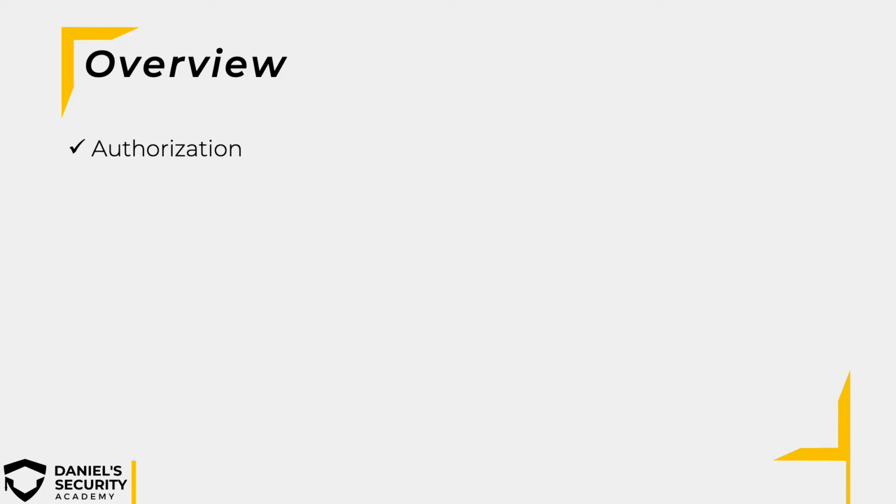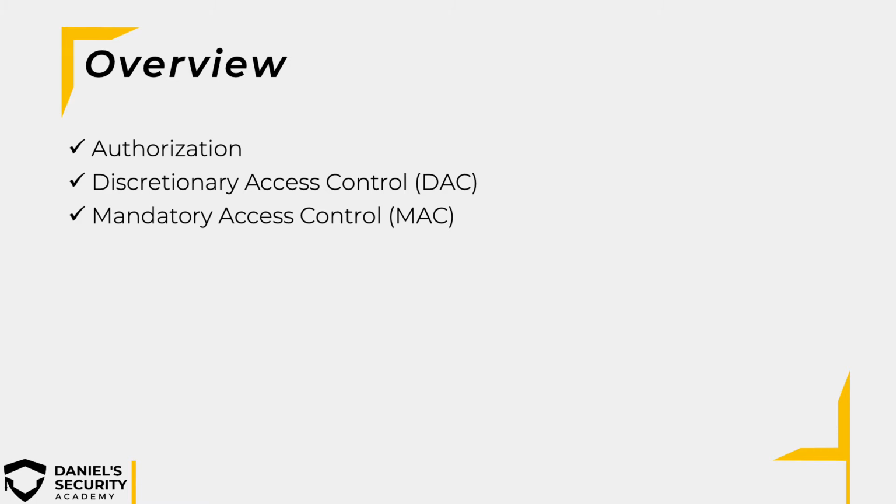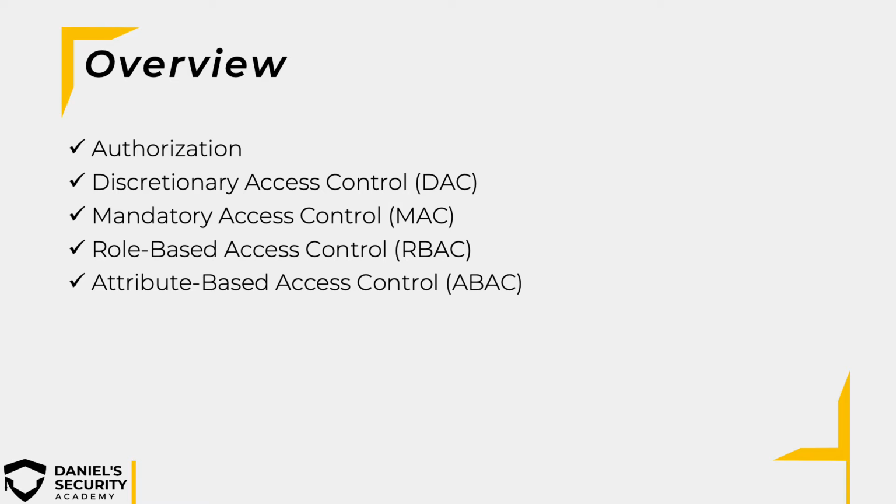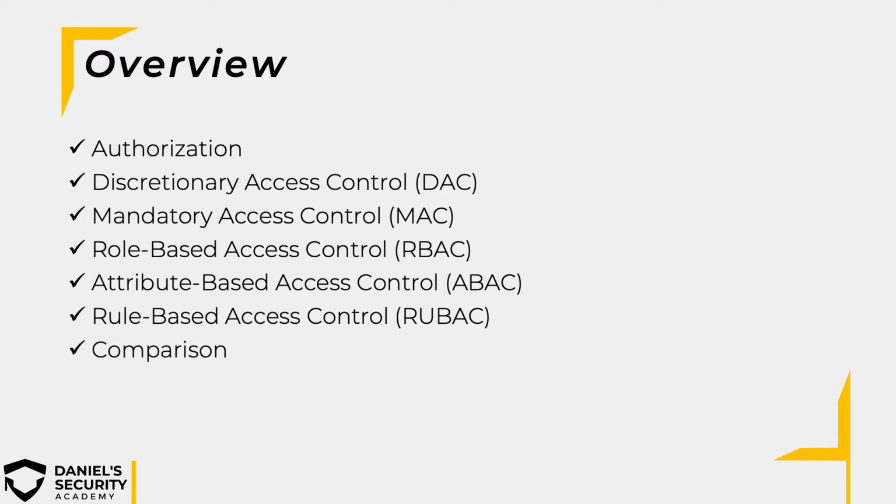And then we go into different access control variants. We have the Discretionary Access Control, DAC, the Mandatory Access Control, MAC, Role-Based Access Control, RBAC, Attribute-Based Access Control, ABAC, and Rule-Based Access Control, RUBAC.